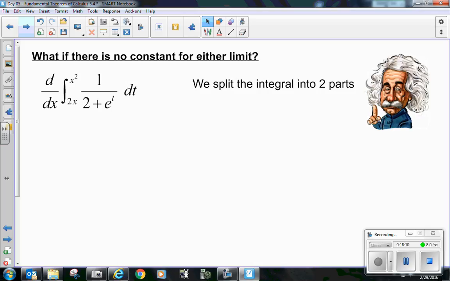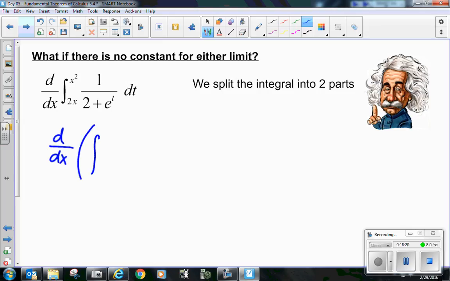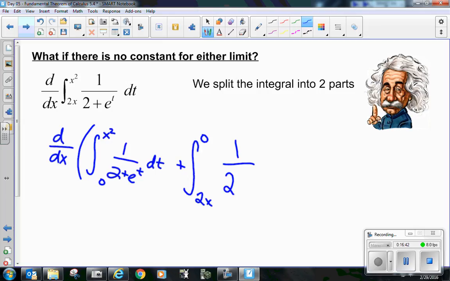I'm going to take the derivative of the integration from x squared to 0 of 1 over 2 plus e to the t dt, plus the integration from 0 to 2x of 1 over 2 plus e to the t dt. See what I'm saying?